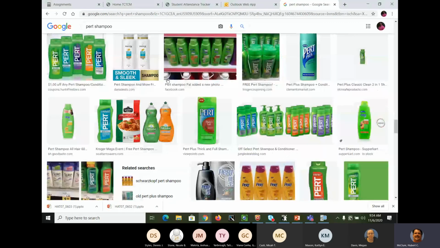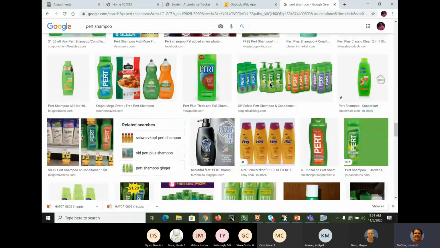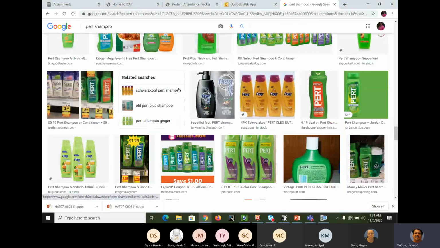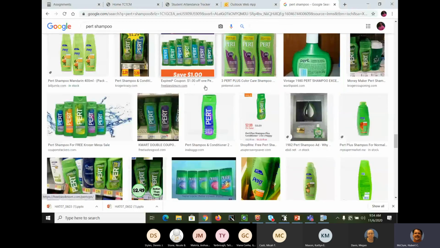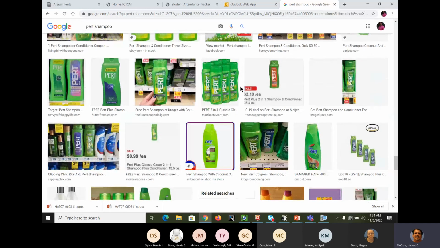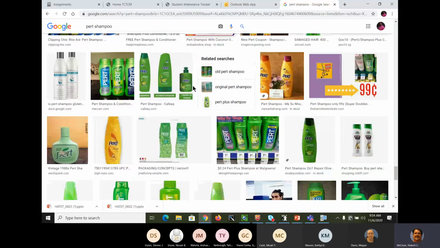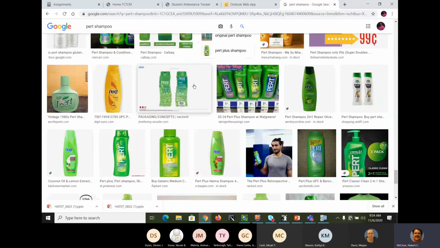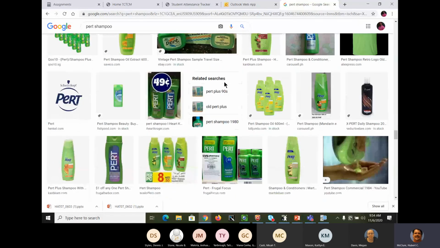Yeah, we're looking at shampoo bottles. I feel like looking at it, so that's what I want to do. It's not like y'all are being conversive in the class, so it's not a big deal. I bet y'all didn't even know that there was a shampoo called Pert.